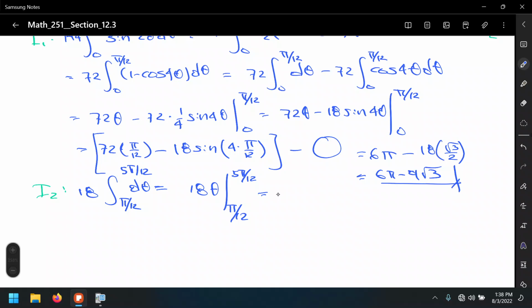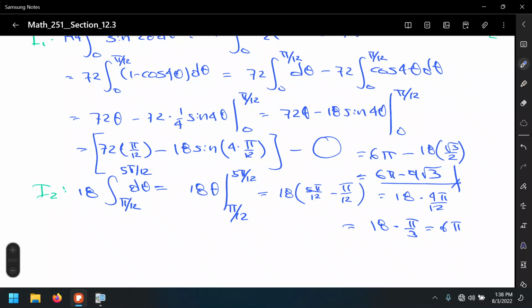So that's 18 times 5 pi over 12 minus pi over 12. And well, 5 minus 1, that's 4. 18 times 4 pi over 12, which reduces to pi over 3, which is 6 pi.